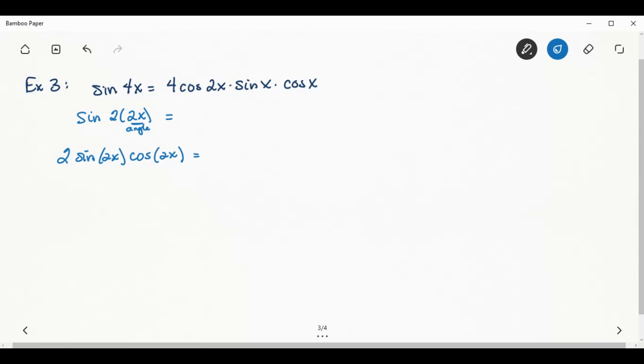Now we rewrite sine of 2x, the double angle, and we expand that out again. We now have 2 times 2 sine x cosine x times cosine of 2x.